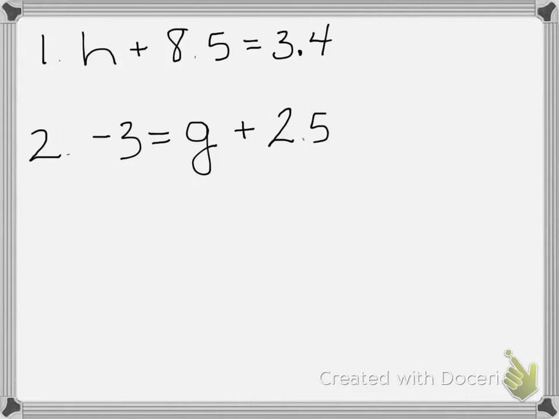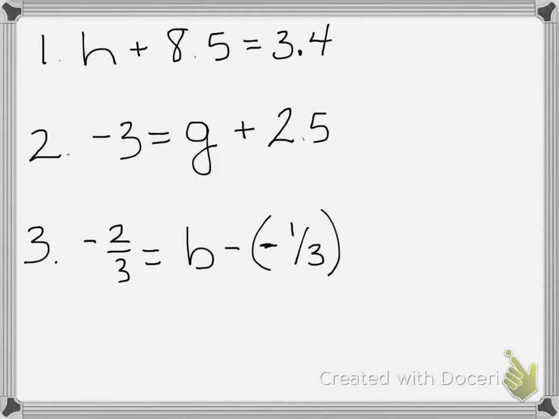Solve for G. And number 3, -2/3 is equal to B minus a -1/3. Remember your rules. Change the minus to a plus, change the sign of the next, then all you do is add them up as if they were a plus. Okay, pause the video and go ahead and try to solve these 3.